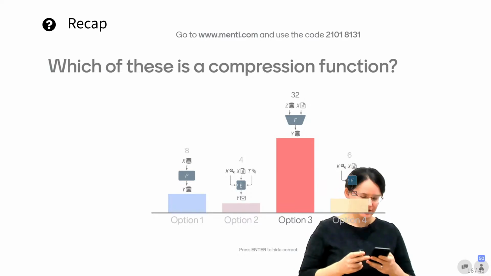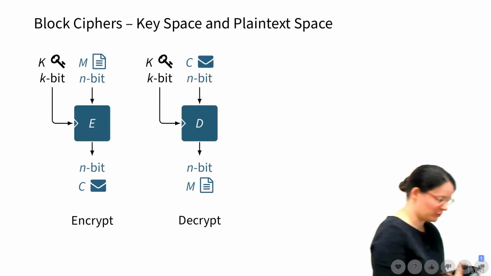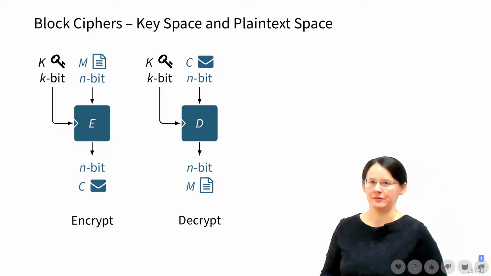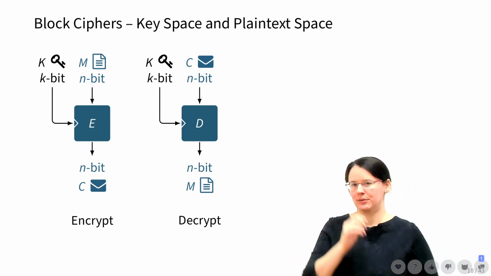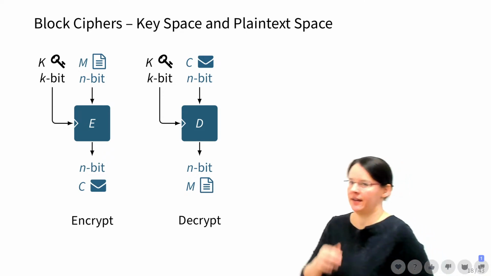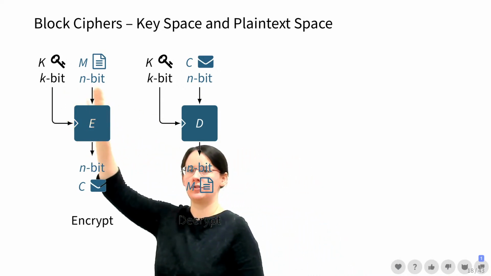Now let's head on to a new one that is actually much more well-known generally. And that's the so-called block cipher. So block cipher is exactly what we saw in the previous picture on the rightmost side. And it has, as I already mentioned, two inputs.